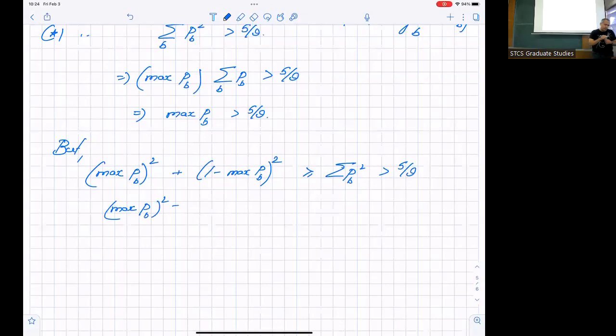What happens when I expand this out? How do you do the first inequality? This is a sum over certain quantities, squares of certain quantities. This is one of those quantities. This is the sum of the remaining quantities squared. All the cross terms will also appear here. So certainly it's a true statement.